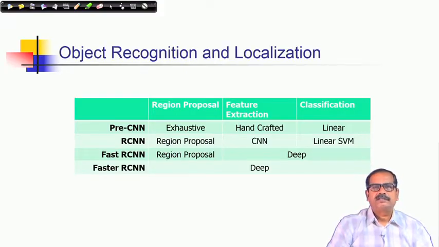There are various methods which have been reported. One method was very exhaustive, meaning you search every type of rectangular block, which is a combinatorially hard problem. You need to use some heuristics there, and there are methods that use certain heuristics to propose those regions.